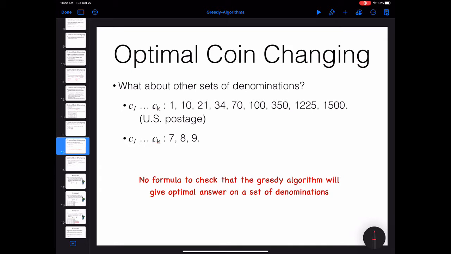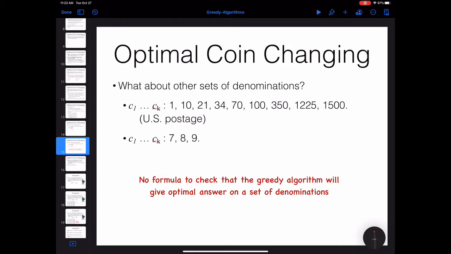You have to check the greedy strategy for the given set and see if you can prove it is optimal. That's good. Otherwise, it means the greedy strategy doesn't give you the optimal answer.